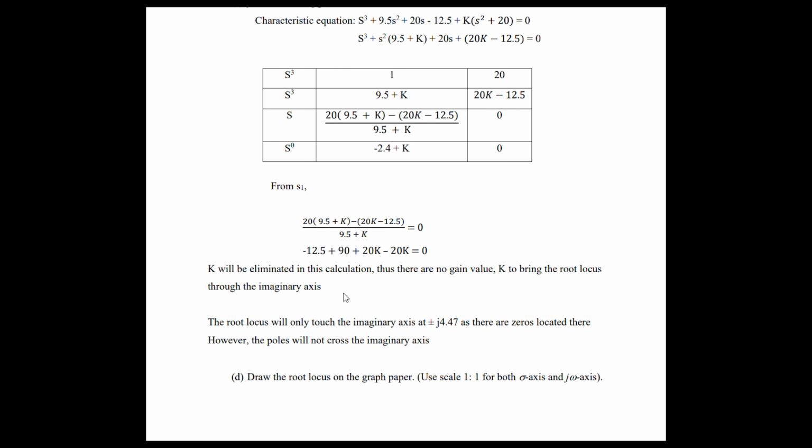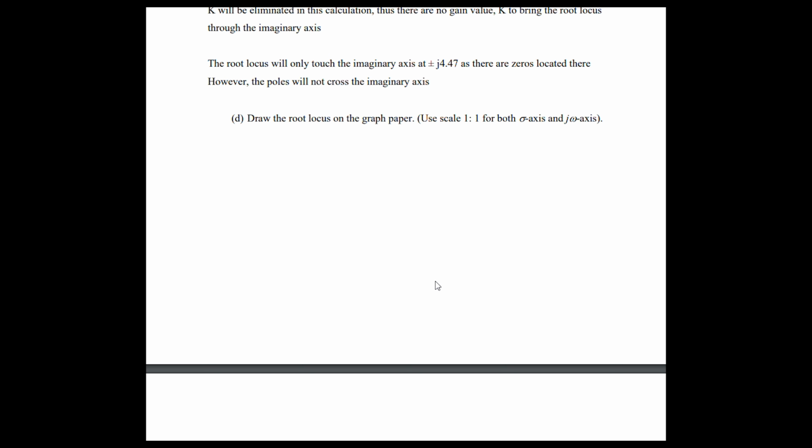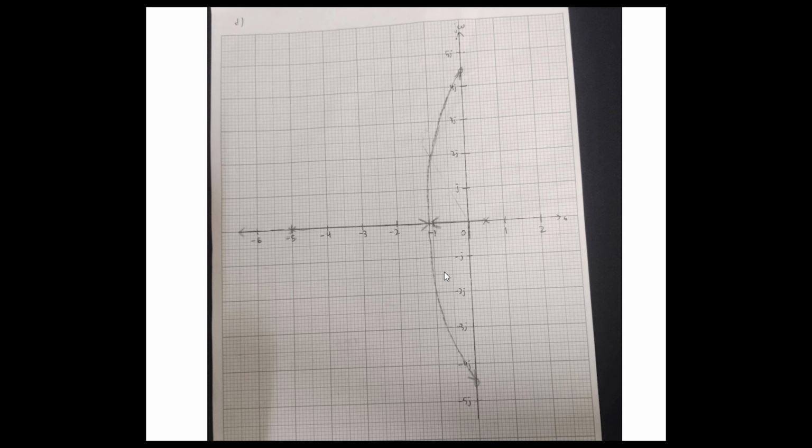K is eliminated in this calculation because there is no given value of K to bring the root locus to the imaginary axis. The root locus will only pass through the imaginary axis at plus minus j4.47 as there are zeros located there. However, the poles will not cross the imaginary axis. So next we draw the root locus on the graph paper. This is our root locus from our calculation.